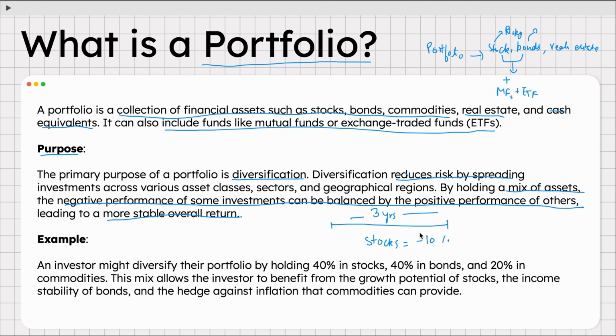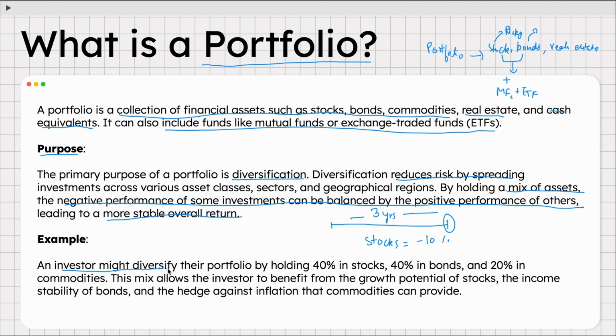Got it? But since you had bonds in your portfolio, you would have received every year the coupon payments, and the principal and the face value at the maturity of the bond. So see, that's what we discussed here, right? The positive performance of others can balance the negative performance of some investments. Got the point? So I think that's what we have explained here.